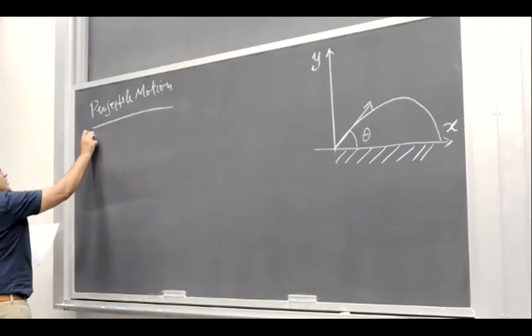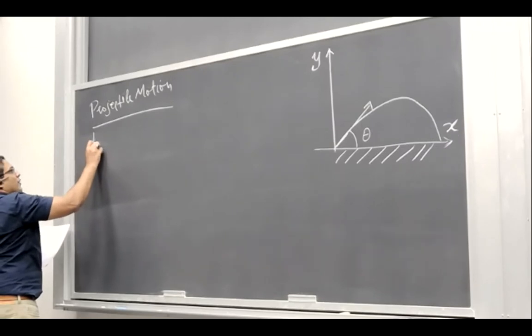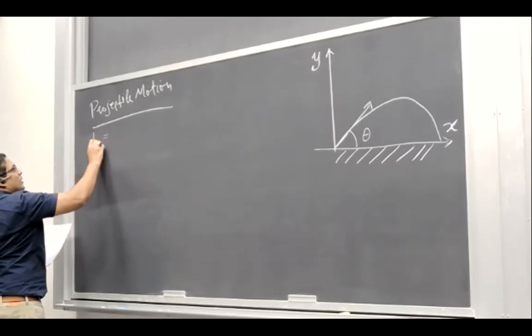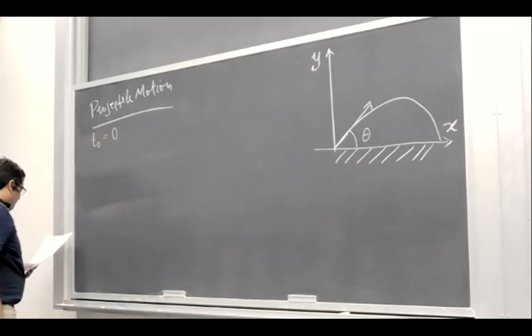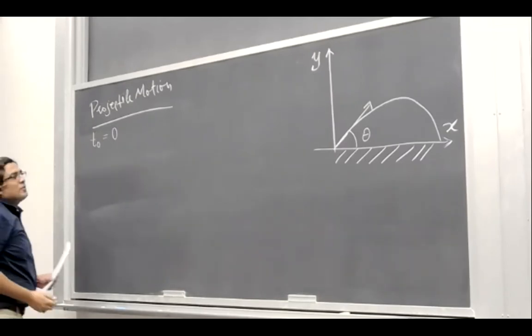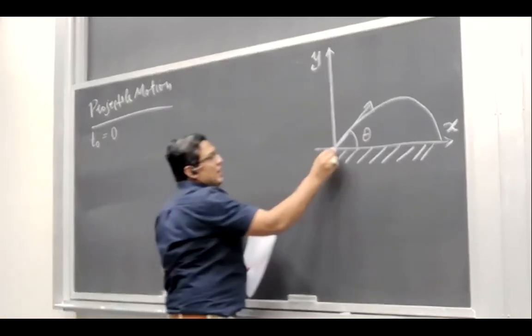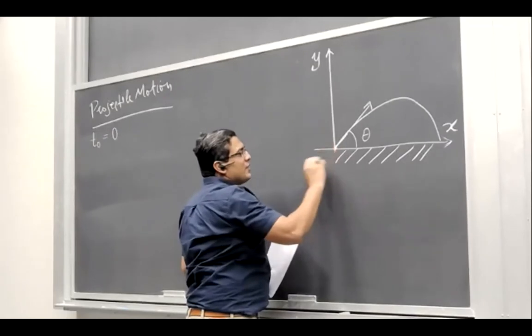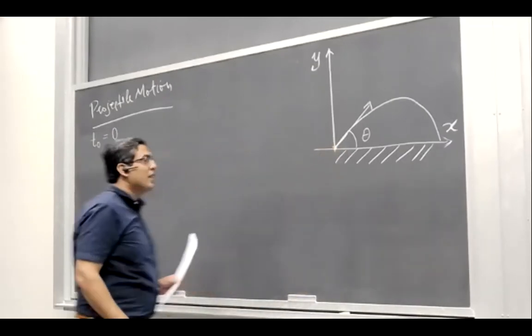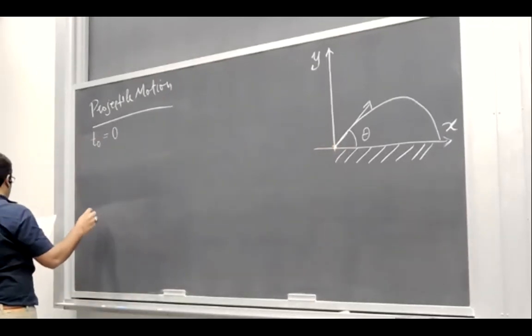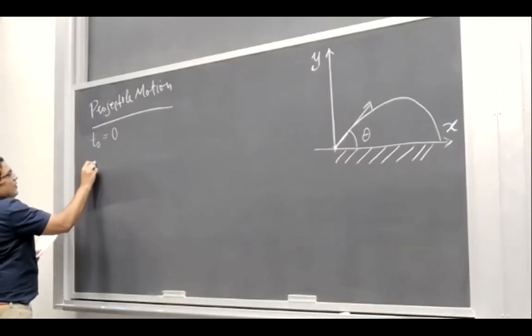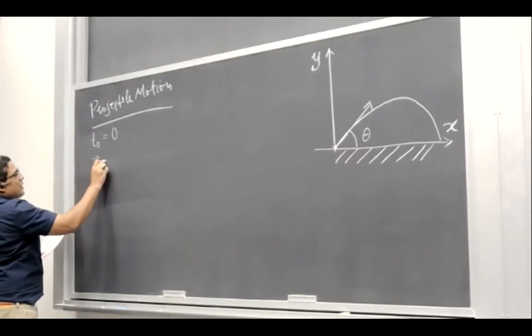So let's set our clock at the beginning of the experiment, t0 to 0. Let's also assume that the position vector at the very start is 0 because we are at origin. Okay, so the initial position is 0. Now this time it's a vector quantity.